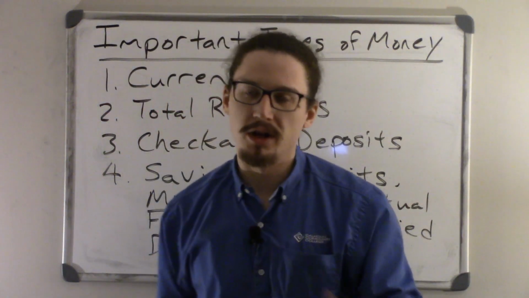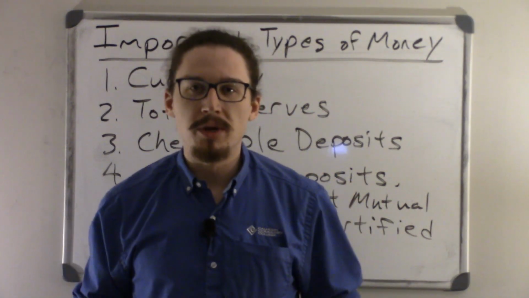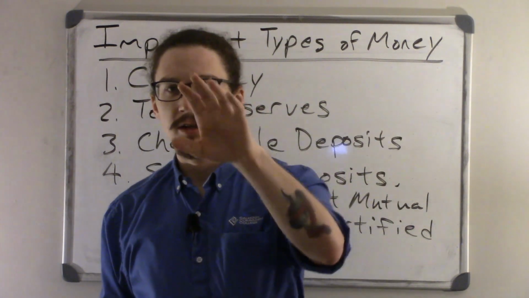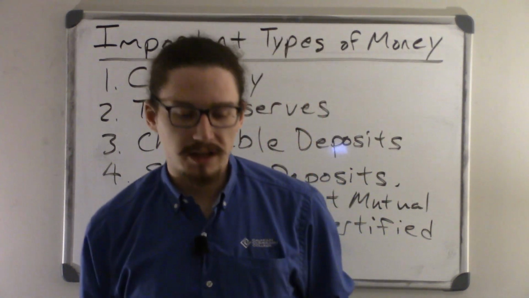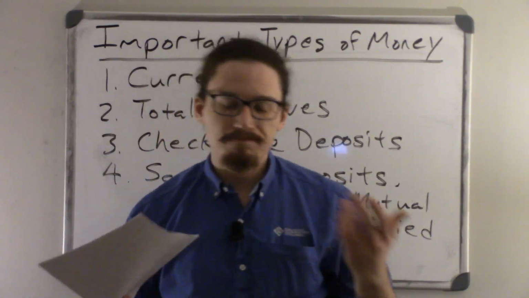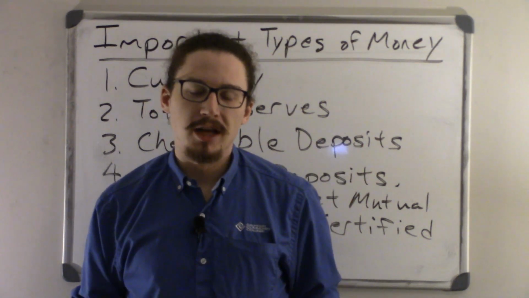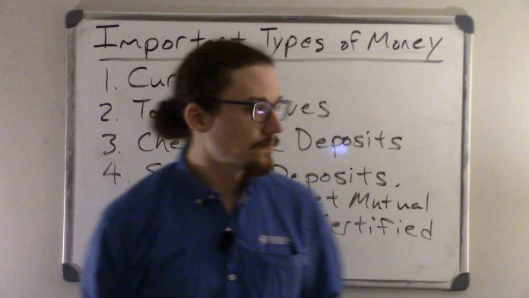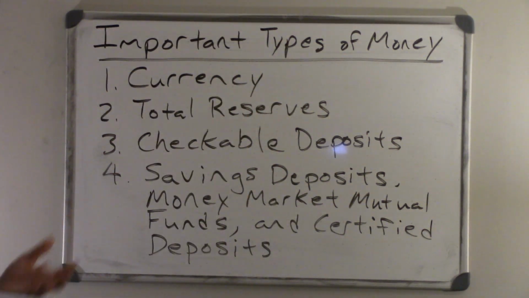If they're withdrawing, it's deducted. There's no little cubby that says Bank of America where they put stacks of money. It's just on a computer, just electronic claims that can be exchanged for currency. So that's what the total reserves are, all of those electronic claims held by the Federal Reserve.